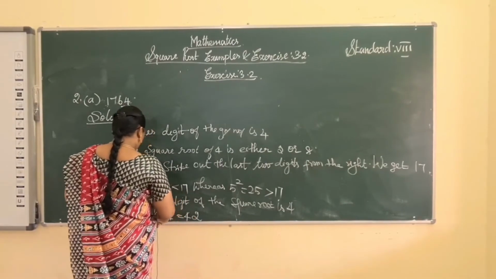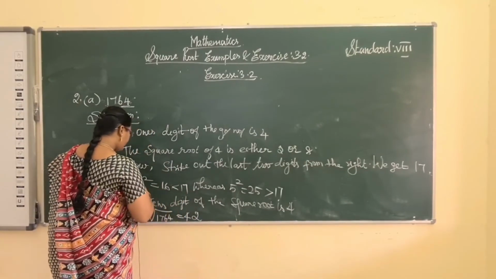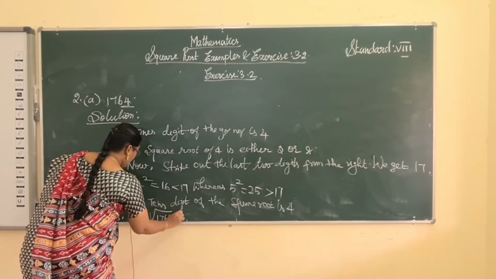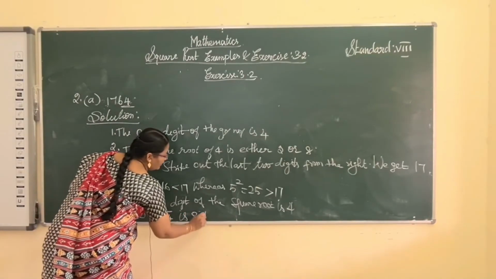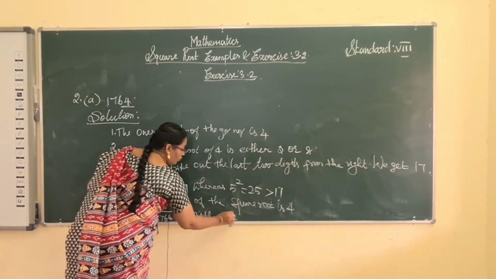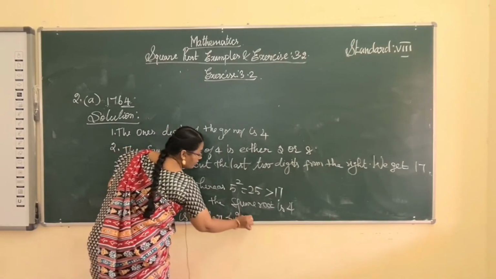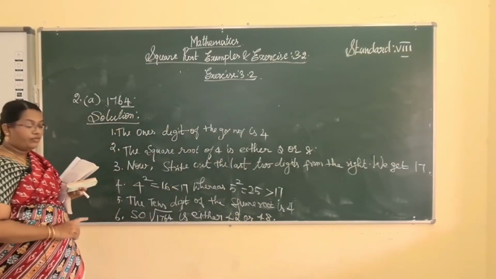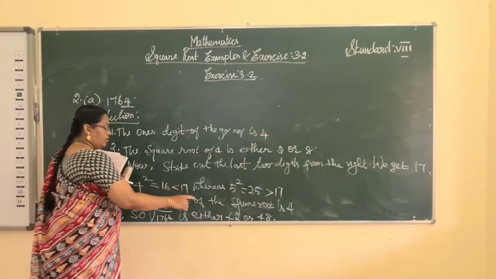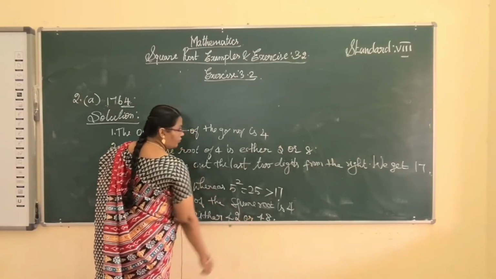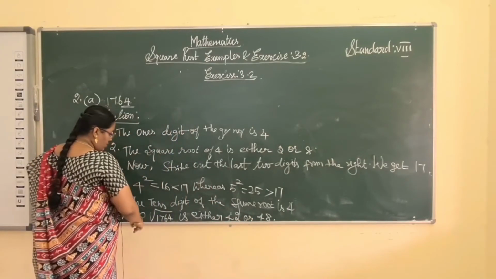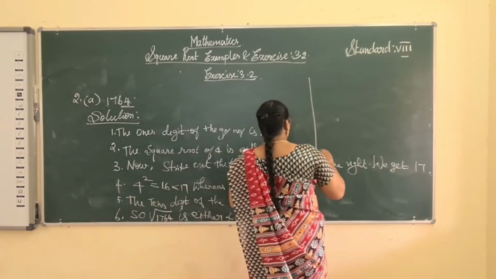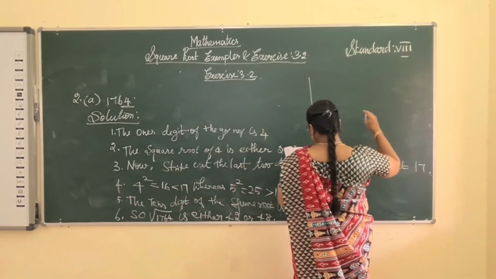So the square root of 1764 is either 42 or 48. Any one of the numbers, 42 or 48.